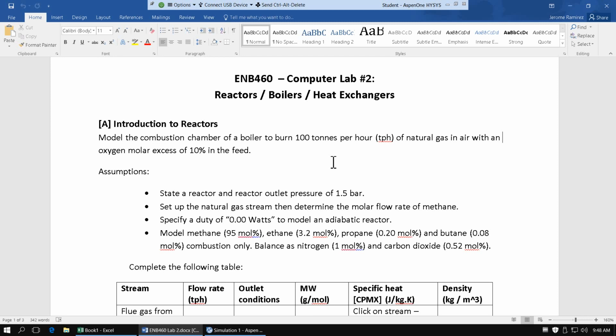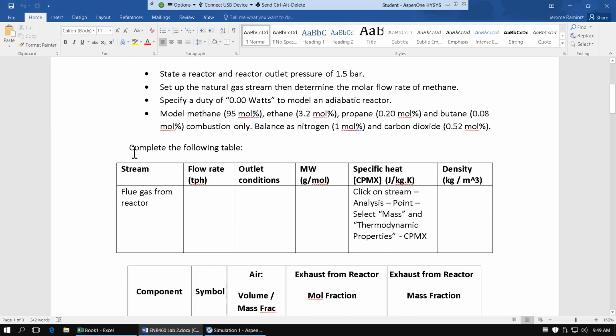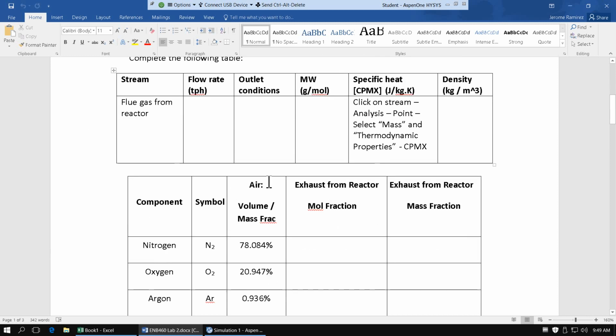The assumptions for this model are that we have to state a reactor and reactor outlet pressure of 1.5 bar, set up the natural gas stream, then determine the molar flow rate of air, specify a duty of 0 watts to model an adiabatic reactor, and model a natural gas stream with this composition right here. Right, and there's some data collection after we've completed the Aspen model just to sum up our results.